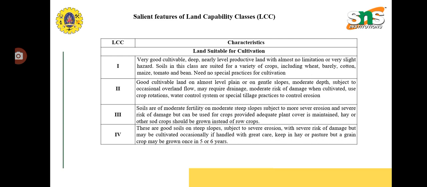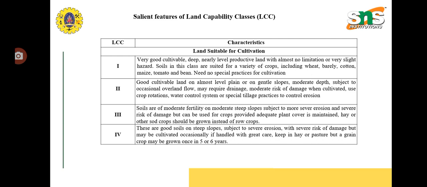Class 1 soils have no significant limitation. Class 2 soils have moderate limitations that restrict the range of crops or require moderate conservation practices. Class 3 soils have moderately severe limitations that restrict the range of crops or require special conservation practices. The limitations are more severe than for class 2 soils.